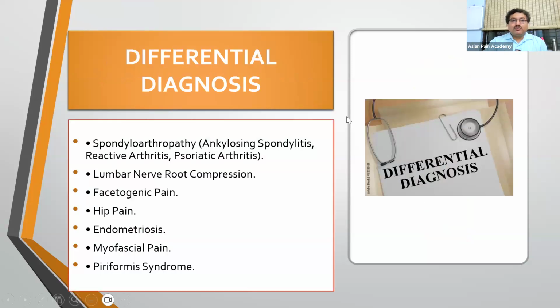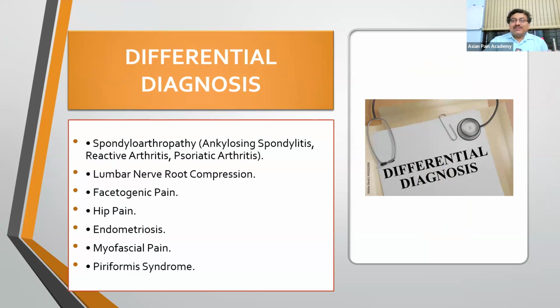and that can cause sacroiliac joint pain as well. Now, in the differential diagnosis, we can list disorders like spondyloarthropathy and its members, which can cause secondary sacroiliac joint pain. There is the possibility of lumbar root compression over the area of S1, sometimes mistaken as sacroiliac joint pain.